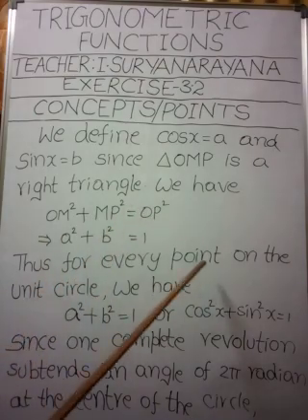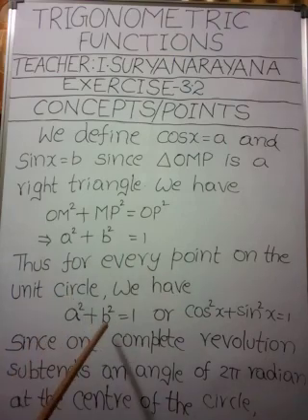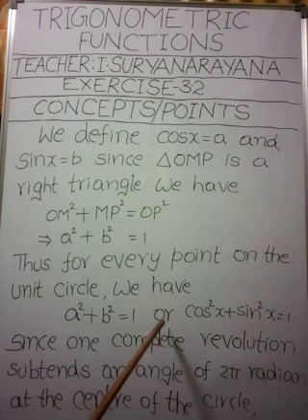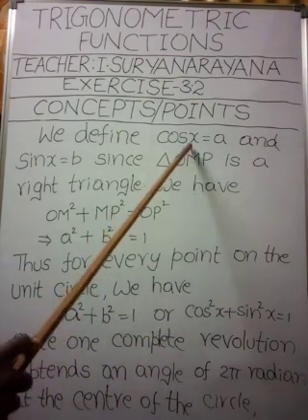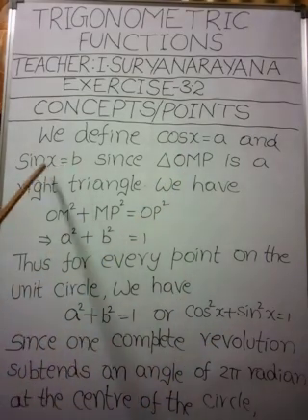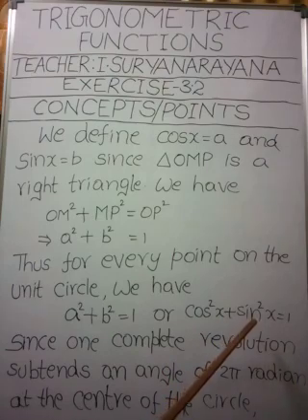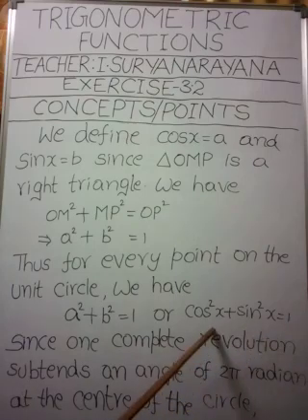Thus, for every point on the unit circle, we have a square plus b square is equal to 1. What is meant by a here? Cos. And b? Sin. So cos square x plus sin square x is equal to 1. This result is treated as a trigonometric identity. Understood this step, my children?